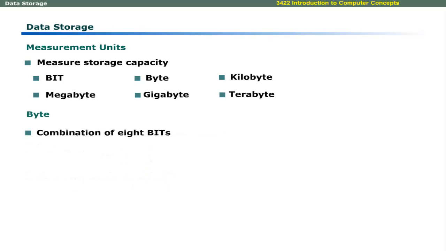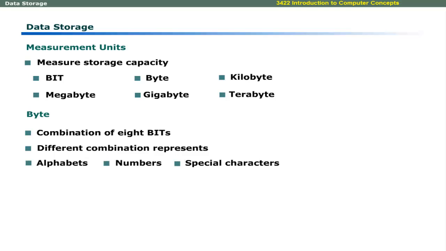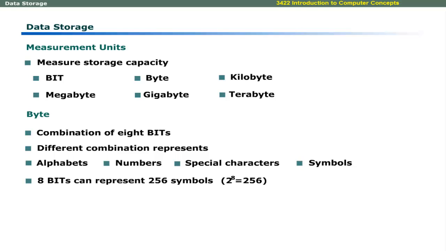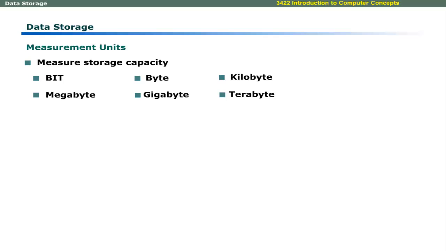A combination of 8 bits is called a byte. You can use different combinations of bits to represent alphabets, numbers, special characters, and other symbols. 8 bits can be used to represent 256 different symbols. The next storage unit is kilobyte.